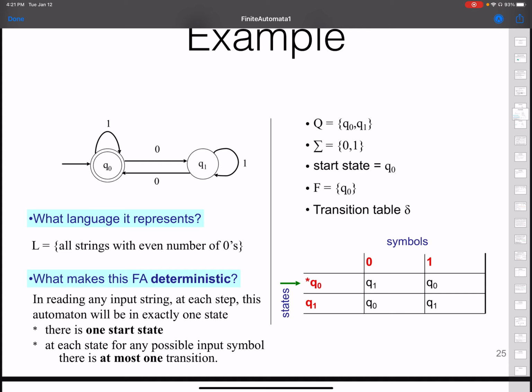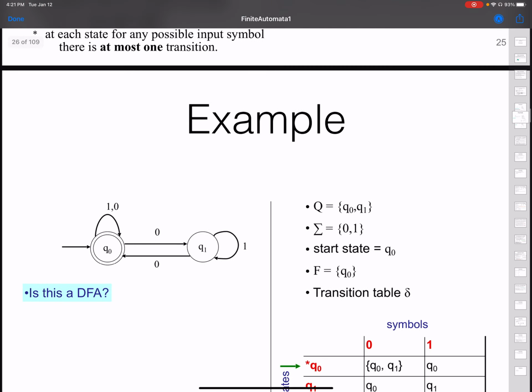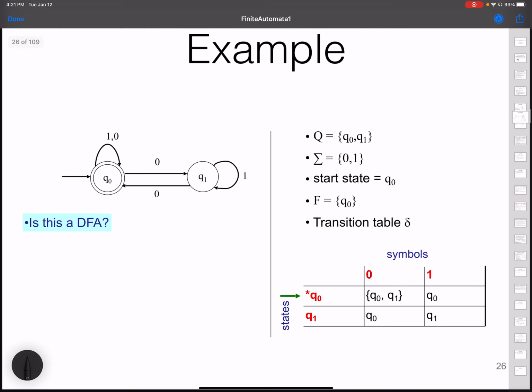Let me show you a non-deterministic version. Look at this. Is this a deterministic finite state yet? You can see that we have one starting state, that's good, but at Q0 for the input symbol 0, there are two transitions.